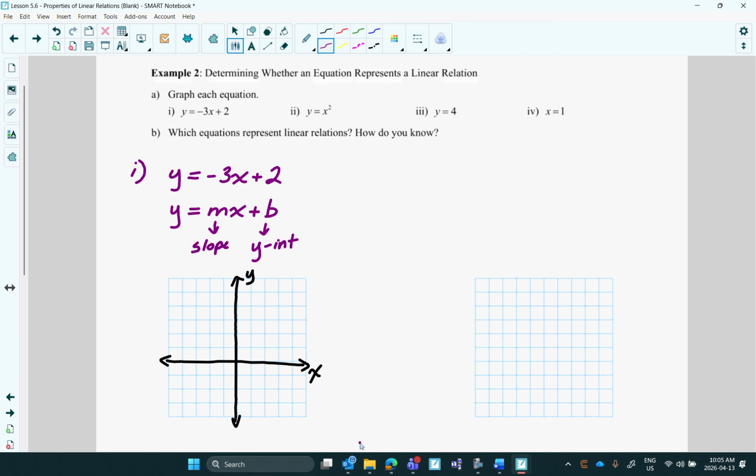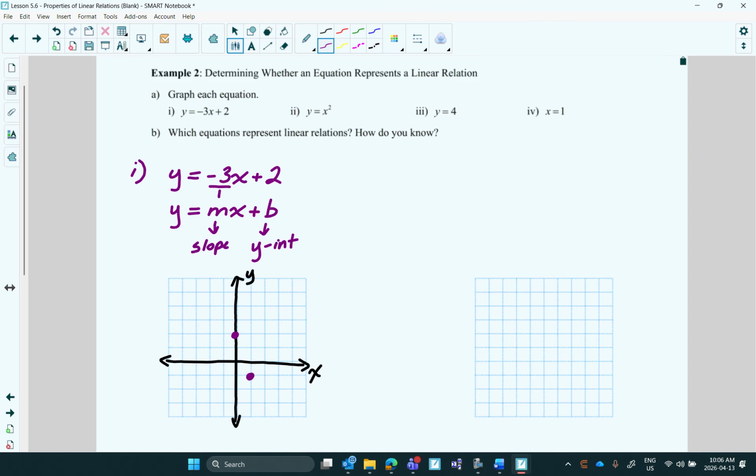What would I do first to graph this? Graph the y-intercept. It's 2. And now I need a second point to draw the line. Yes, use the slope. So from the y-intercept, go down 3, to the right 1.